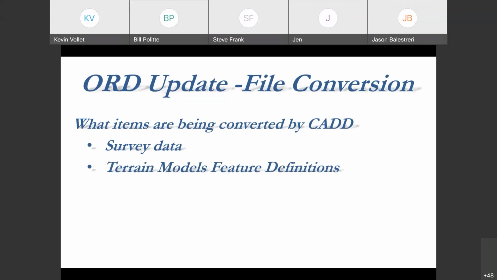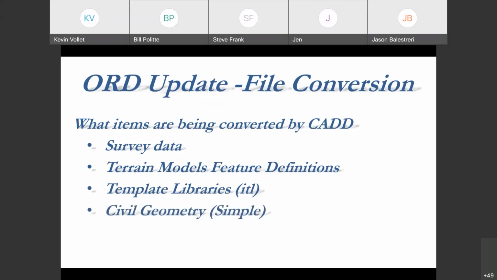So if you have a terrain model in there, I will upgrade that to an ORD terrain model feature definition. Template libraries, I have a little macro that goes in and changes the feature definitions in the old SS10 ITL and upgrades those to ORD feature definitions.